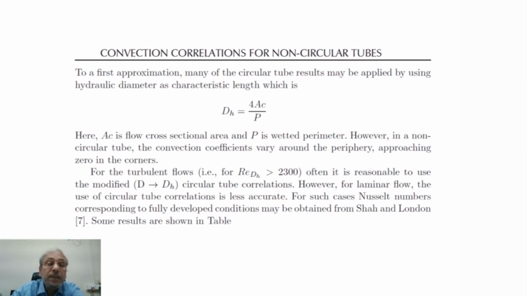However, in a non-circular tube, the convection coefficients vary around the periphery, approaching 0 in the corners.